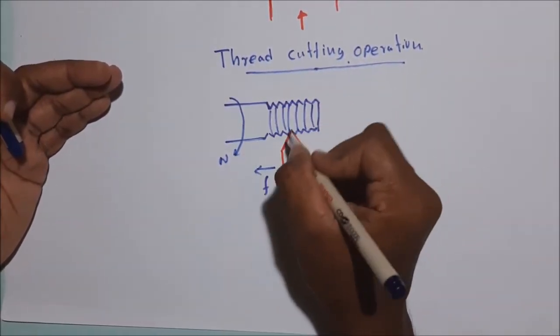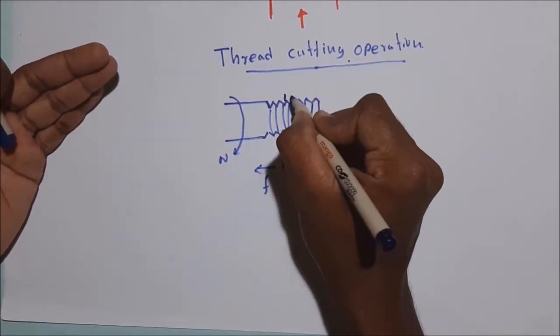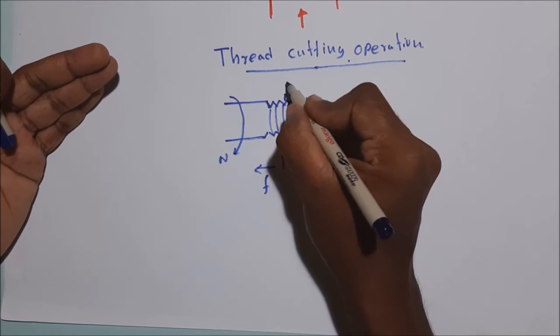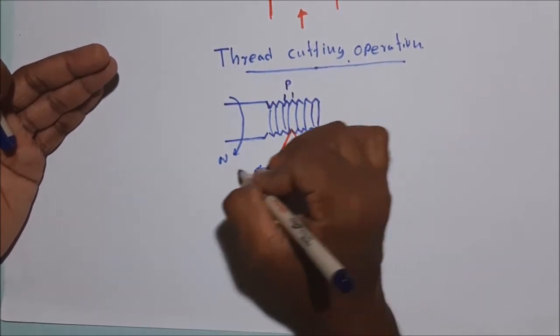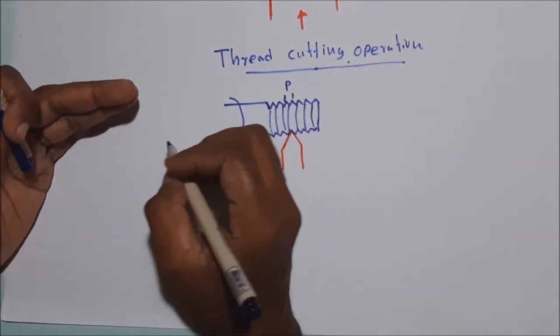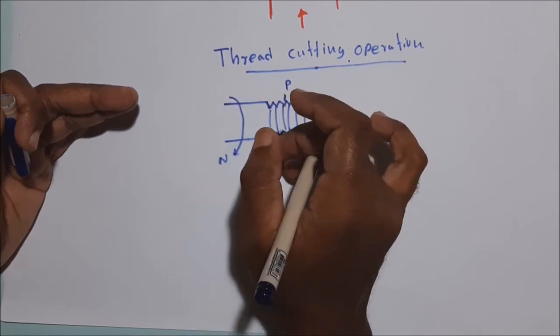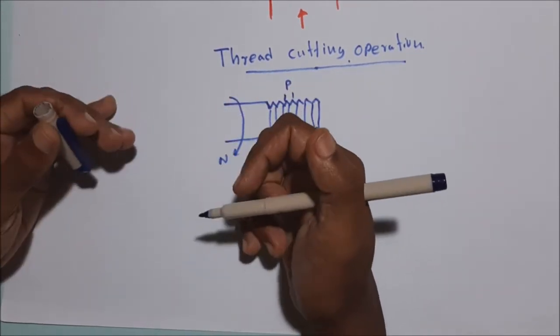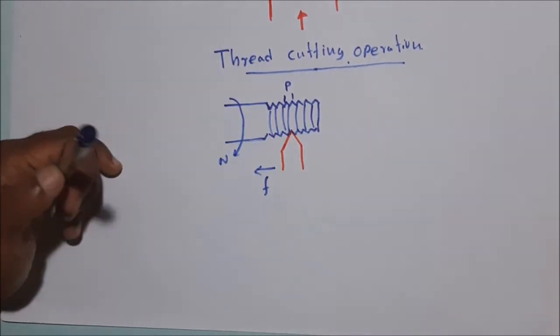Per one revolution, the tool has to travel one pitch value. If the screw has a pitch P, then per one revolution of the workpiece, the tool has to move the pitch value. That is the synchronization. This is done by connecting the spindle with the cutting tool through the gear train and the lead screw. Okay, thread cutting operation.